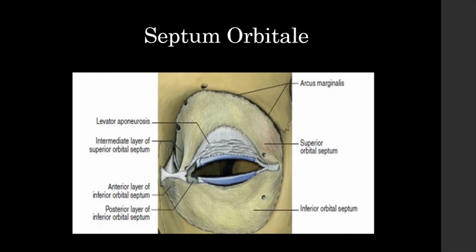And then laterally, they get attached to the orbital margin in front of the lateral palpebral ligament, and medially they go deep to the posterior lacrimal crest, and they get inserted behind the medial palpebral ligament, and in the upper eyelid they fuse with the levator aponeurosis, and in the lower lid they fuse with the capsulopalpebral fascia.